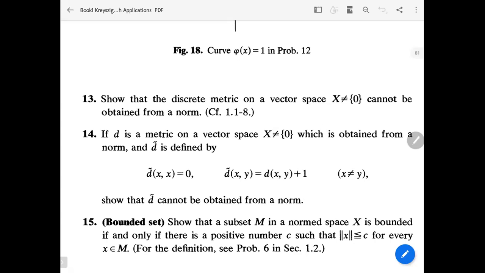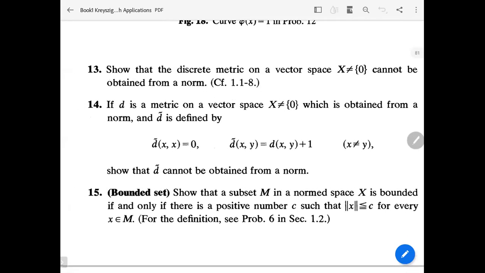So you can consider a vector space X, you can consider X equal to R, you can consider some elements x, y, you can consider alpha, and check those two properties for a particular value of alpha and x, y. You will see that those properties are not being satisfied, which are satisfied for a metric induced by a norm.